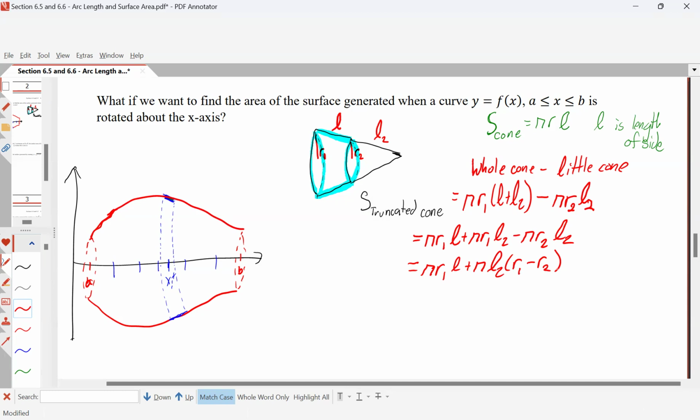Now, we would like to be able to rewrite this in some nicer ways. In particular, we'd like to be able to rewrite this pi L2 times R1 minus R2 in a different way.